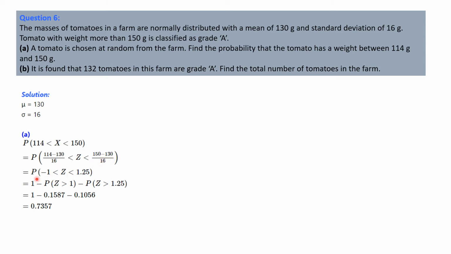We will have probability for z in between negative 1 and 1.25. By referring to the bell, we know that we want to find the area in between negative 1 and 1.25. We have to use the total area under the curve, which is 1, minus the probability for z greater than 1 and minus the probability for z greater than 1.25.